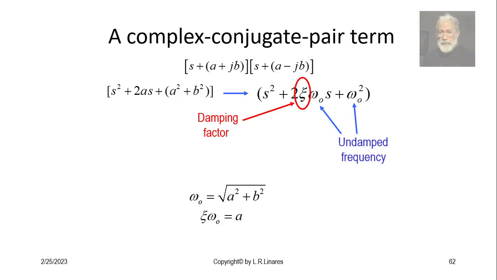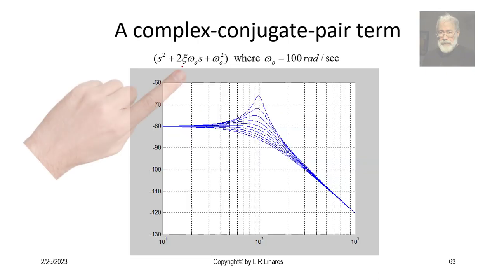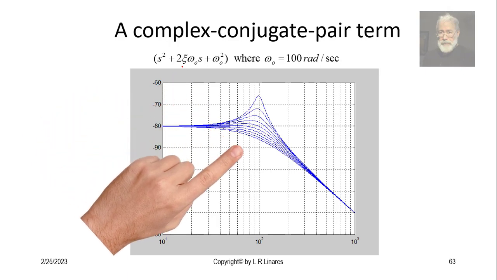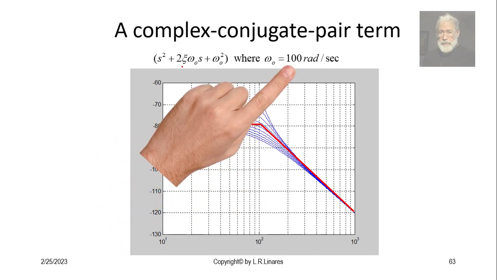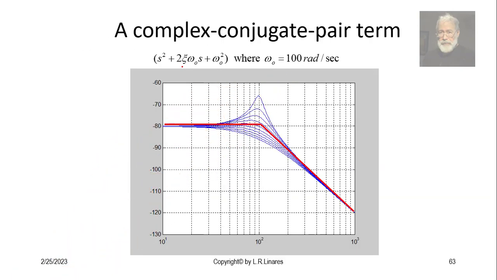Let's have a look at that. A trinomial like that contributes with curves like the blue ones over here. So the approximate contribution will be given in the Bode plot by the red lines like that at the corner frequency, omega naught, the undamped frequency, in this case 100 radians per second.